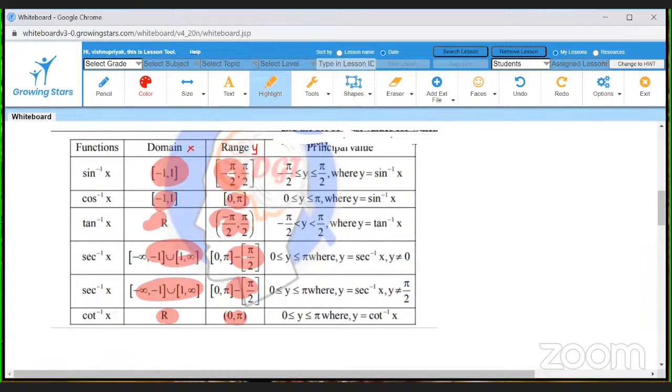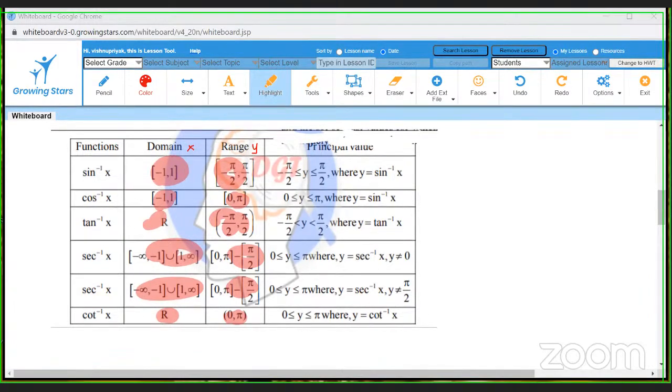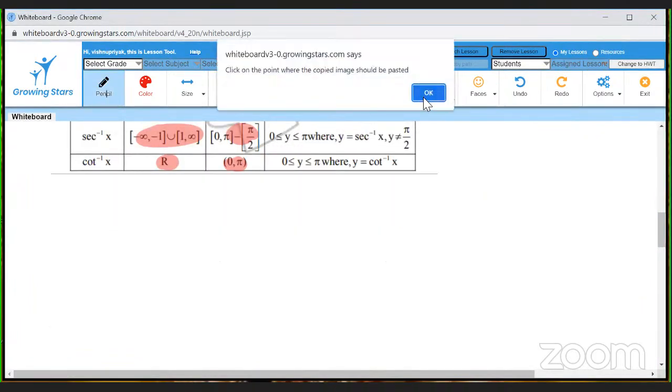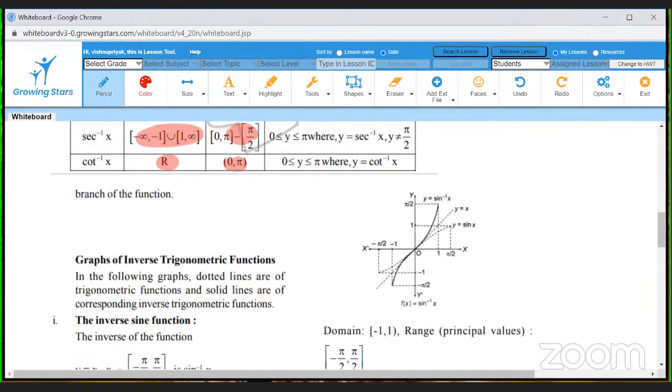And you must learn the graphs of inverse functions also. The graphs are very, very important because the graphs will give you a lot of ideas. These are the graphs you can see.